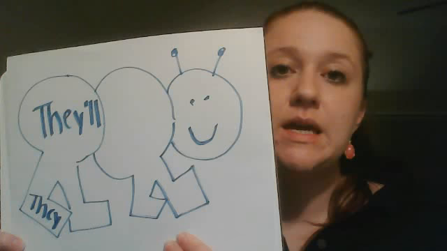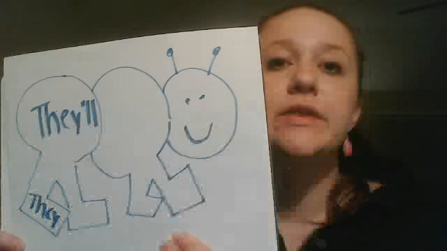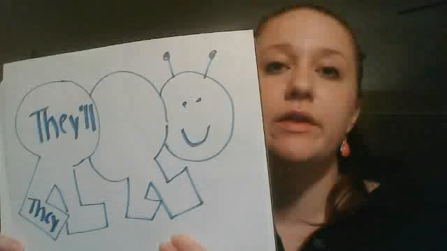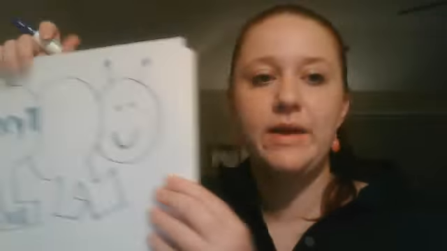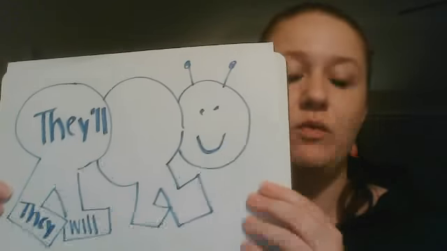And we know that in the poem they said the cities will. So we know that they'll means they will. So we're going to write the word will in the second leg of our contraction bug. So now we have our first contraction, they will.